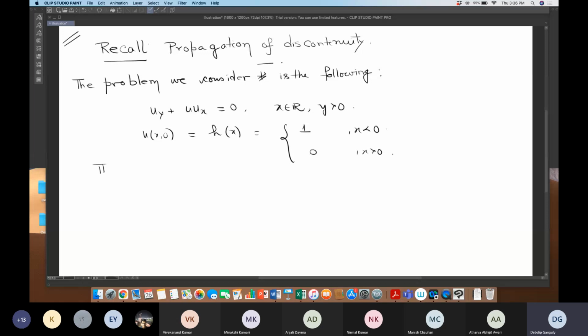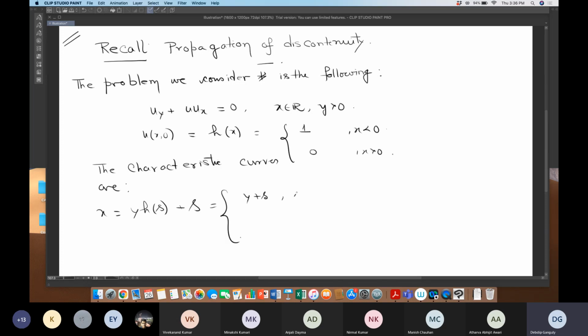So finally the characteristic curves are x equal to y h of s plus s. I am not doing the solving, just recall what we saw last time.